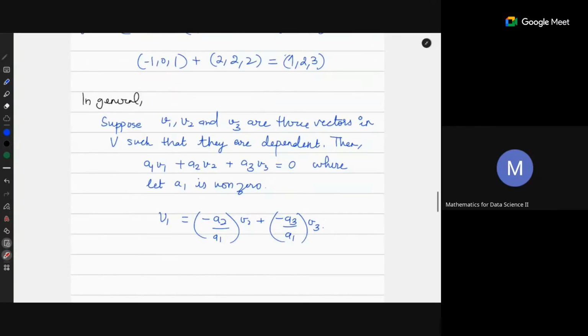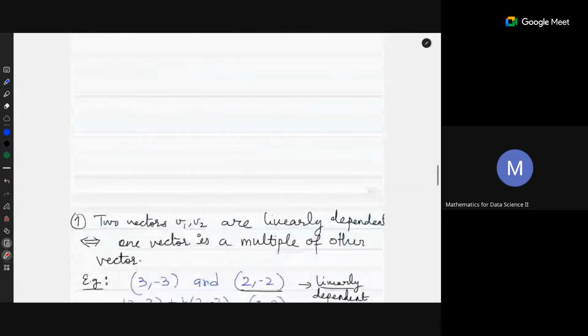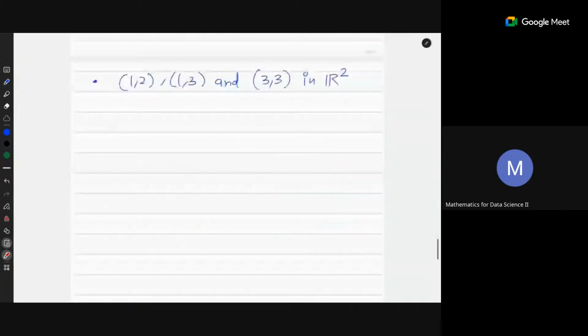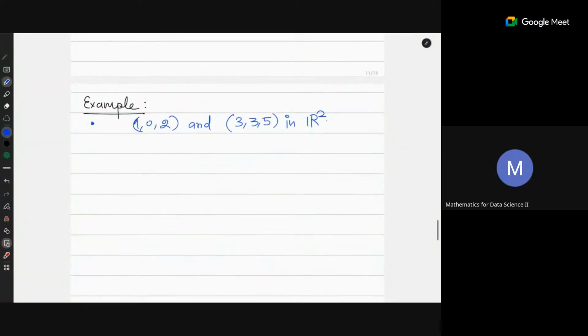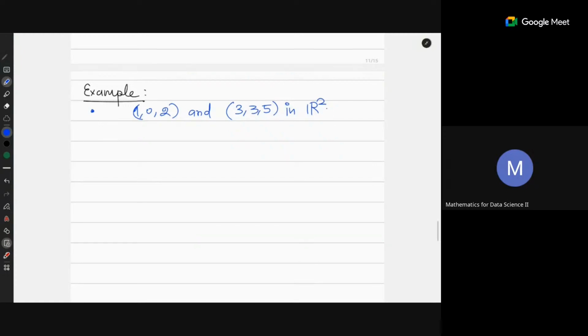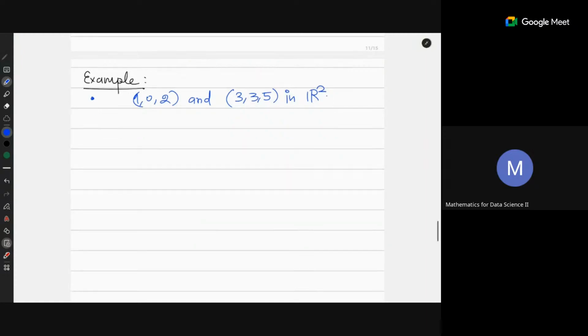Let's take simpler cases. Let me go downwards. For example, there are two vectors like this in R3. How will you write it down? A1 times (1, 0, 2) plus A2 times (3, 3, 5).